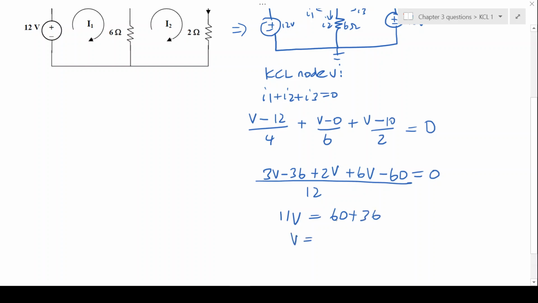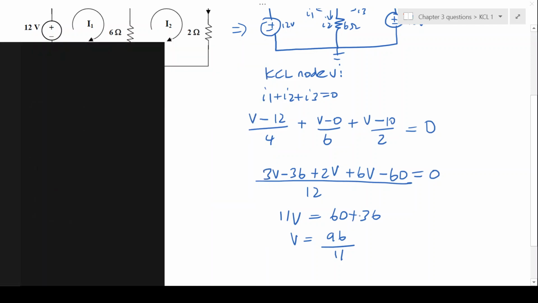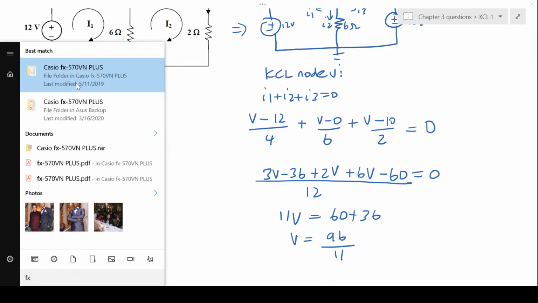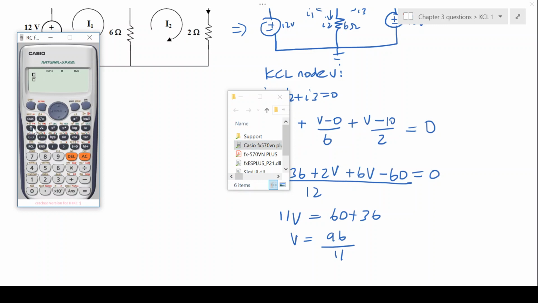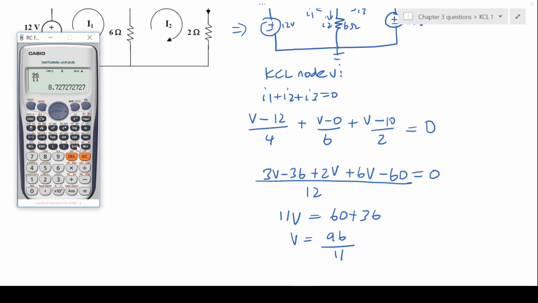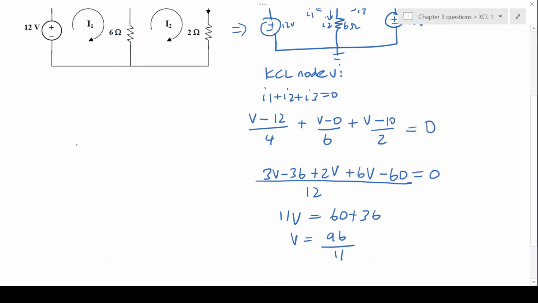Therefore, V is 60 plus 36, which is 96, divided by 11. And this gives us a value of 8.72 volts.